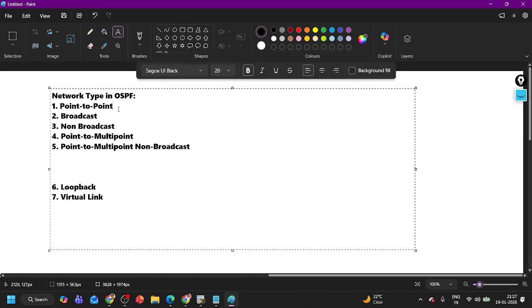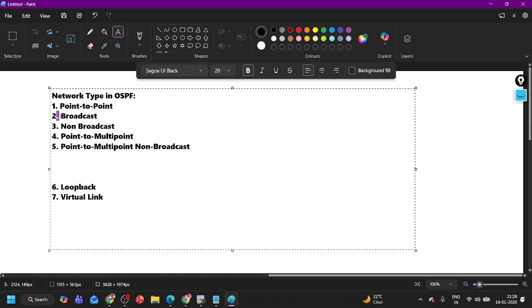For a point to point link, when two devices are connected point to point, like between two routers, the OSPF network type should be point to point only.